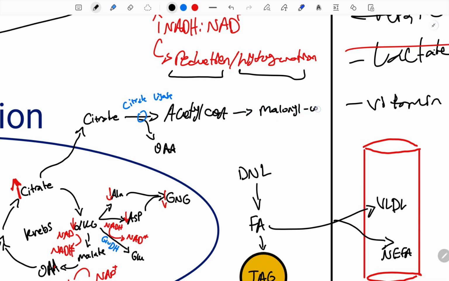This is required for the first steps of fatty acid synthesis. So the malonyl-CoA must be involved there, okay? And the enzyme that's taking place here is called acetyl-CoA carboxylase. So ACC, acetyl-CoA carboxylase. I'll write it in this color. ACC. Okay.